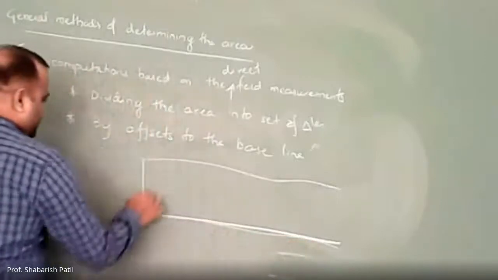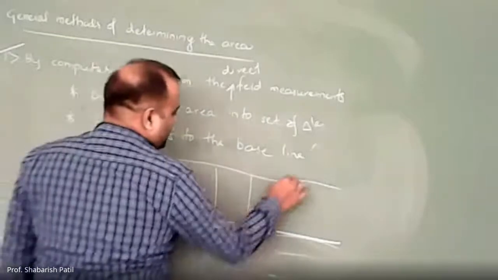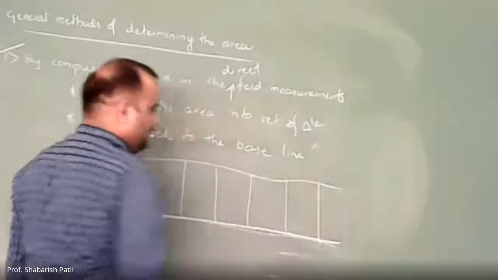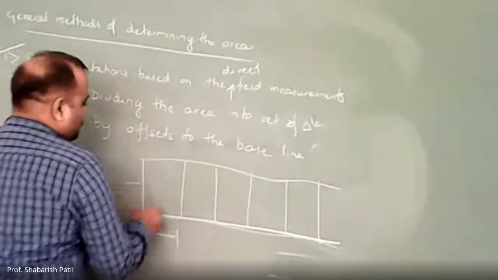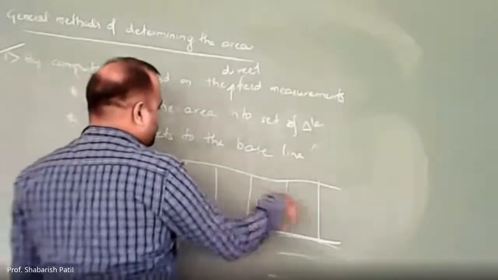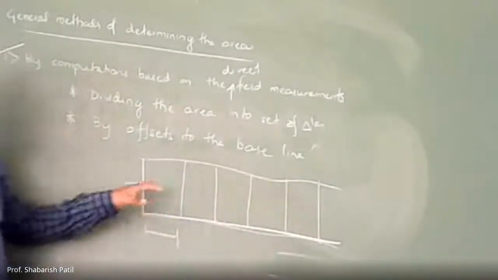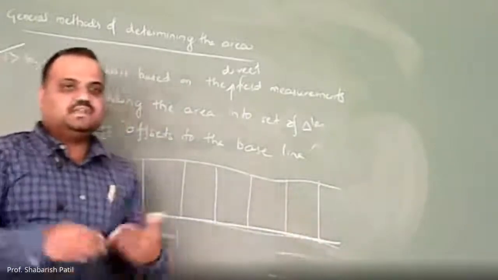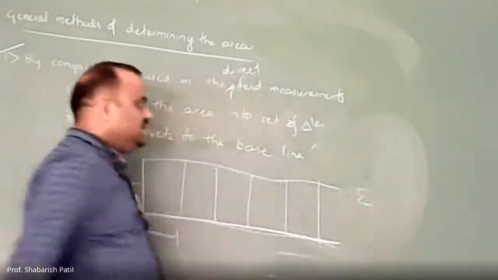Then at regular intervals of distance, we note down the perpendicular offsets. So this distance will be known, this will be known, so it may act as either a rectangle or a trapezoid. Then we have to calculate the individual areas of these rectangles or trapezoids, and then sum up to get my final area.